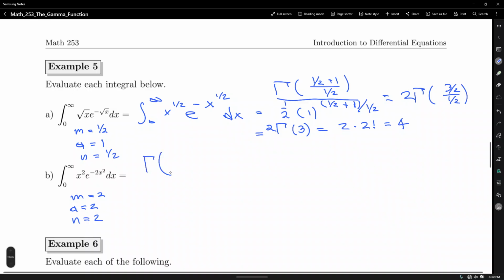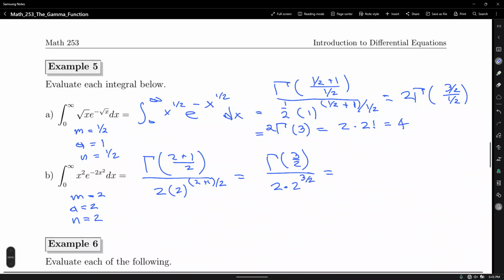So evaluating this would be gamma of (2 plus 1) over 2, okay? Divided by 2 times 2 raised to the (2 plus 1) over 2, which will be gamma of 3 halves divided by 2 times 2 to the 3 halves, right? So 2 times 2 to the 3 halves.